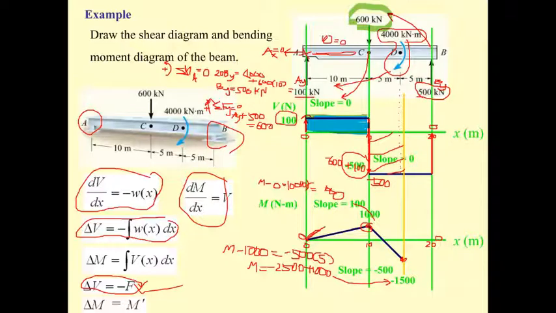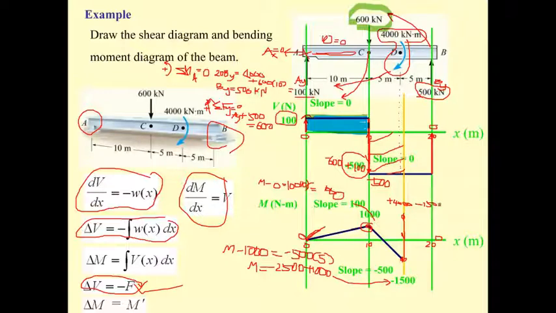Okay. And then at the point D, we have 4,000 kilonewton meter, which is clockwise. When this one is clockwise, this moment is going to increase by the value of 4,000. So we have plus 4,000, and then we are going to add this to minus 1,500.